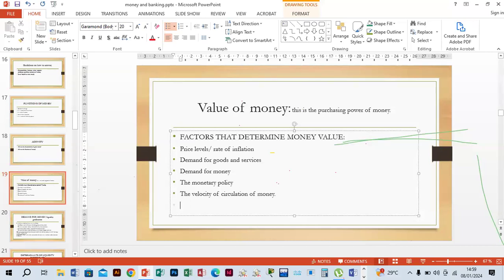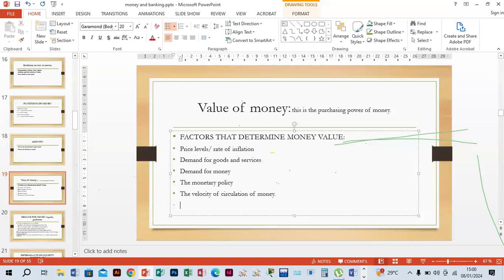And when the money in circulation has been reduced, this leads to a fall in aggregate demand, which leads to a decrease in the general price levels of goods and services, which raises the money value.